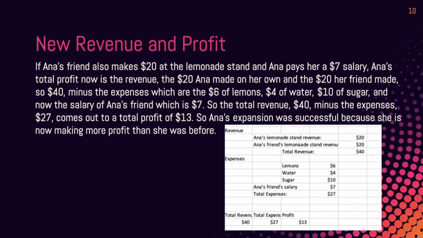So the total revenue, $40, minus the expenses, $27, comes out to a total profit of $13. So Anna's expansion was successful because she's now making more profit than she was before. Please look at the chart below, which gives you basically a recap of the slide.